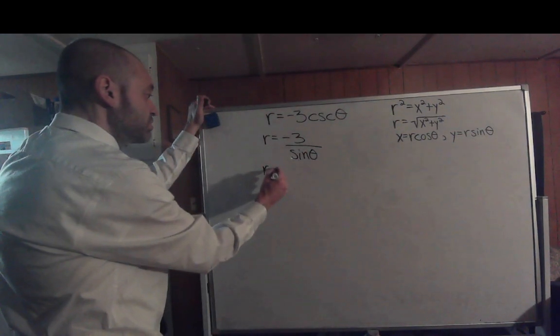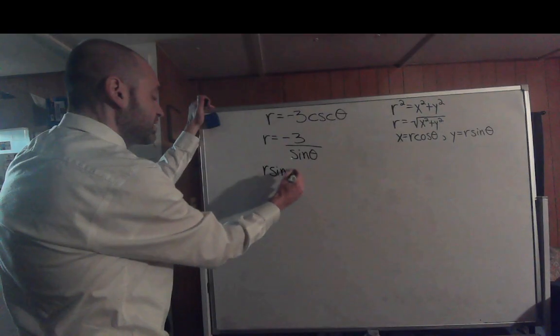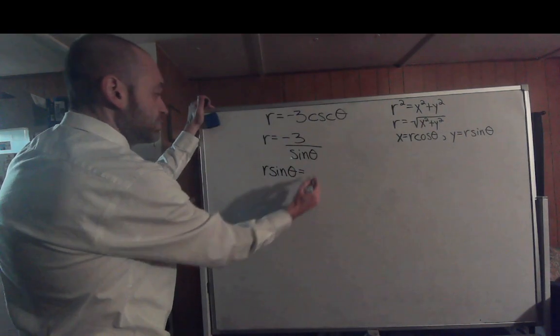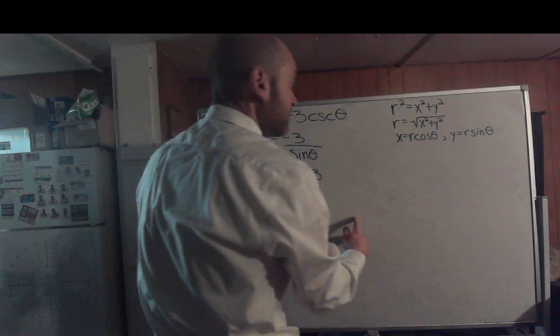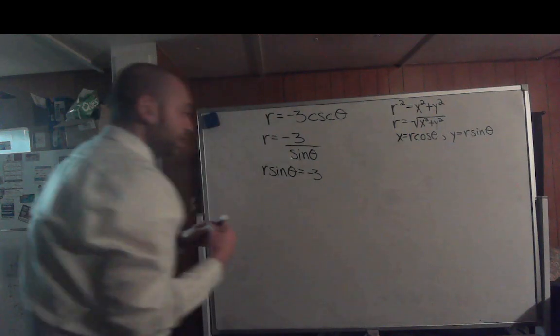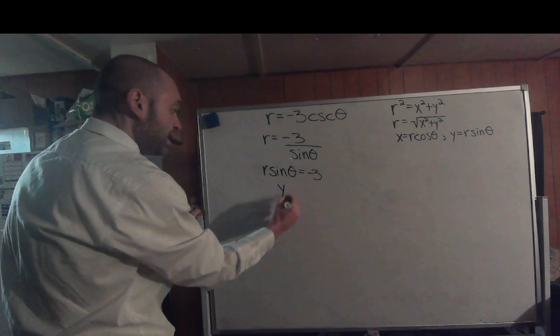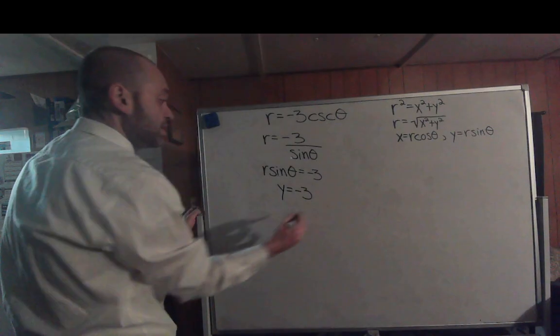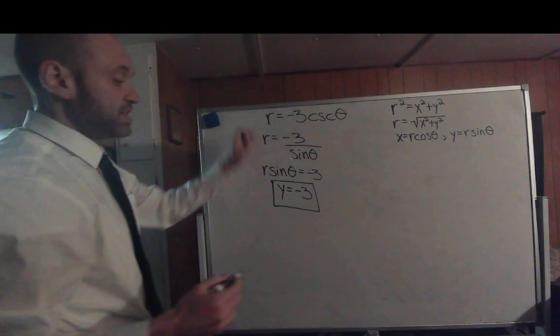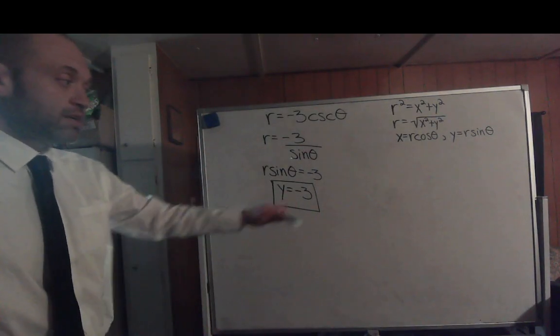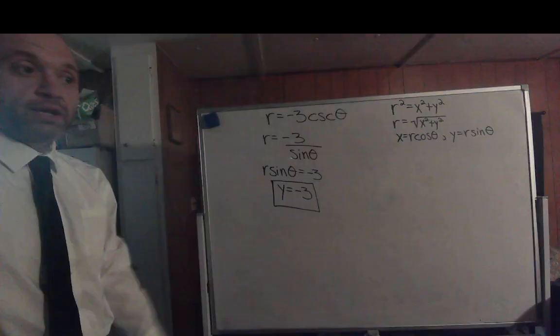This would turn into r sine of theta is equal to negative 3. Okay, so what's r sine of theta? That's simply y. You just end up with y equals negative 3. So this is the rectangular form of this equation, which just turns out to be a horizontal line through y equals negative 3.